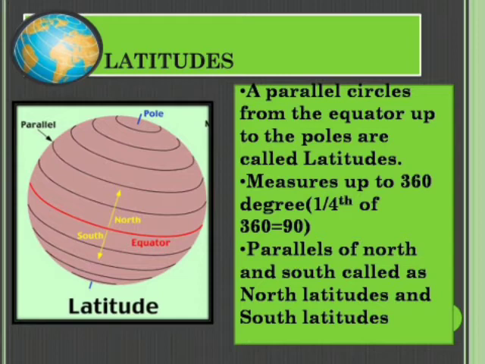And also the parallels of north and south are called north latitudes and south latitudes. These lines are not of the same length. See children, from the equator to the pole it is reduced.